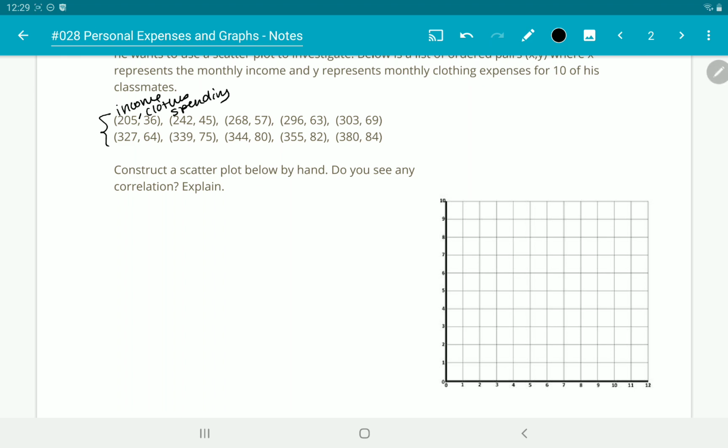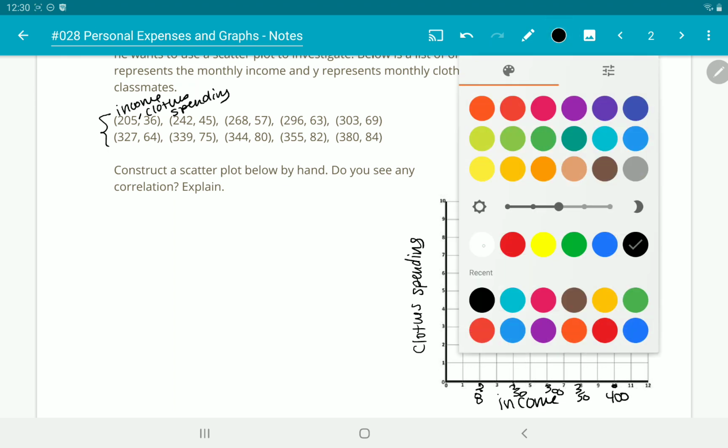So we can go ahead and do the income on the x-axis, and then the clothes spending on the y. And we're going to go ahead and fix some of these again. So we'll say that this one's 200, this one's 250, this one's 300, this one's 350, and then this one is 400.